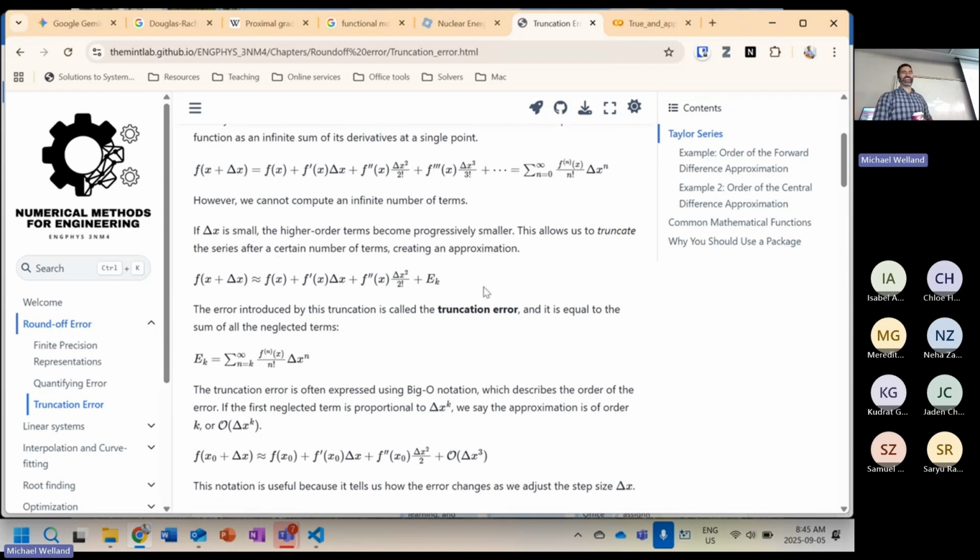This is where it comes back and haunts you. The idea is pretty simple, though. If delta x is small, then the higher order terms become progressively smaller. Then you are in the zone of convergence, and then you can use this without having an infinite number of terms, right? And therefore, we can truncate it. We can cut off this series after a certain point.